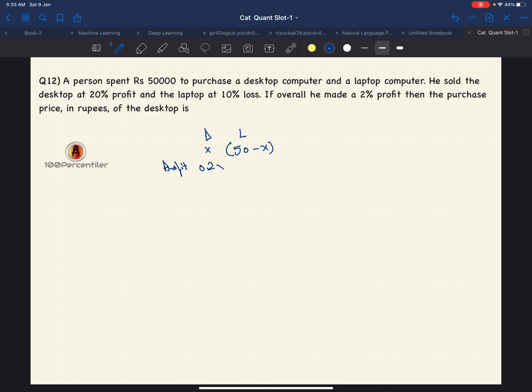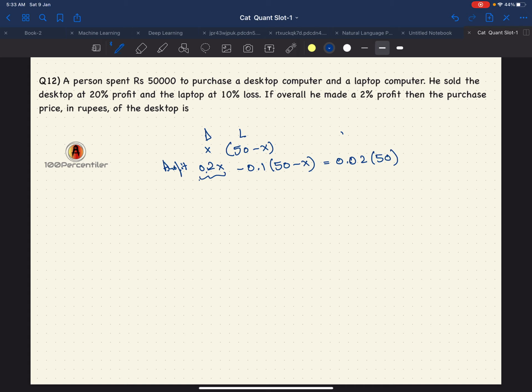This is 0.2x because the profit will be on the purchase cost for desktop. Similarly, a laptop at a loss of 10%. This is minus 0.1 into 50 minus x. Now overall he made a profit of 0.02, that is 2% on overall money, that was 50k.